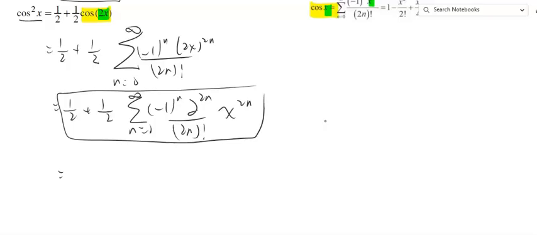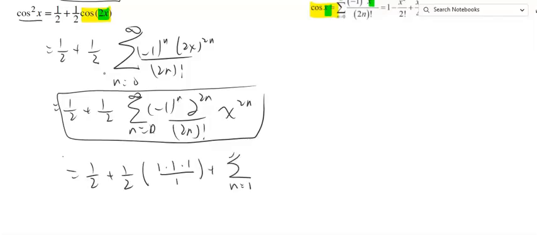If you notice, if you let n equal 0, you don't have to do this part. n equals 0 will give you a 1 times 1 times 1 over 1 plus the series n equals 1 to infinity of negative 1 to the n, 2 to the 2n, x to the 2n over 2n factorial.